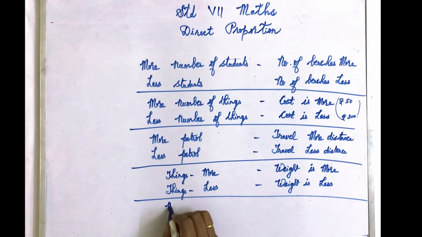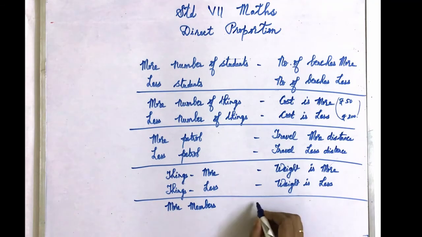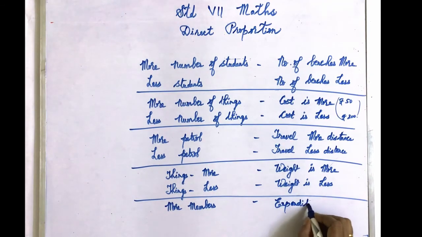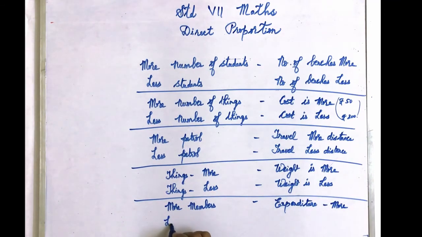If there are more members in a family, expenditure will be more. If there are fewer members, expenditure is less.